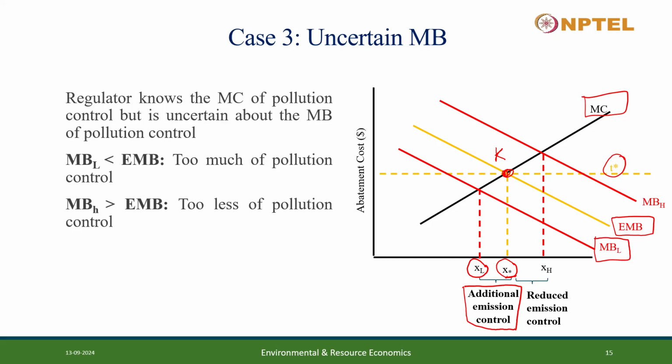Similarly, let's say that there is another case where my marginal benefit is higher than the expected marginal benefit. In this case, my optimum level of abatement was still XH, which is higher than X star. But when tax T star is imposed, I will only abate till X star. So this gap is given as the reduced emission control. So this is in the uncertain MB case. Okay.